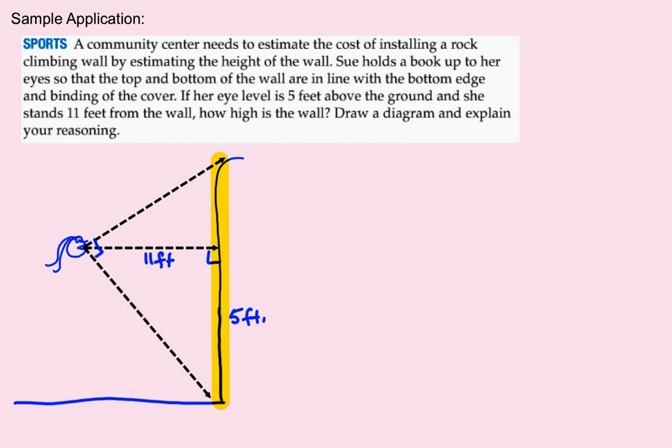When I look at this, what I see is that if I know what this is, then I have the length of the entire wall. So this looks like it's the altitude is the geometric mean between the two segments. So I'm going to just go ahead and set up my proportion where the altitude 11 is the geometric mean between the two segments.